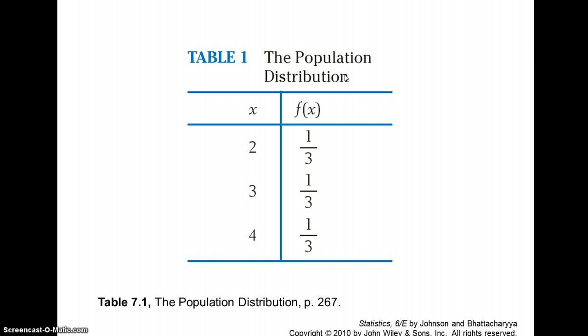Now we are going to look at the sample distribution. For a sample, we're just going to pick a few. We're not talking about all 3 units. We just say I'm going to pick 2 units, and that's going to be my sample.